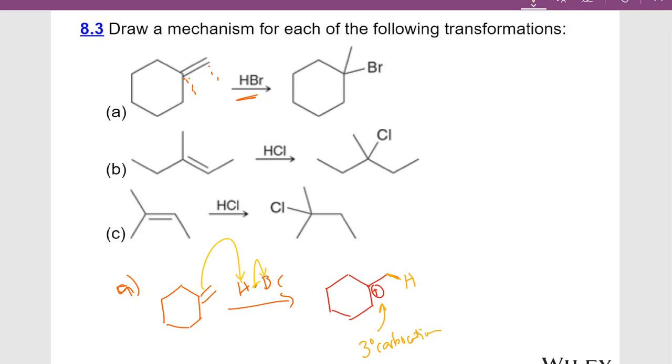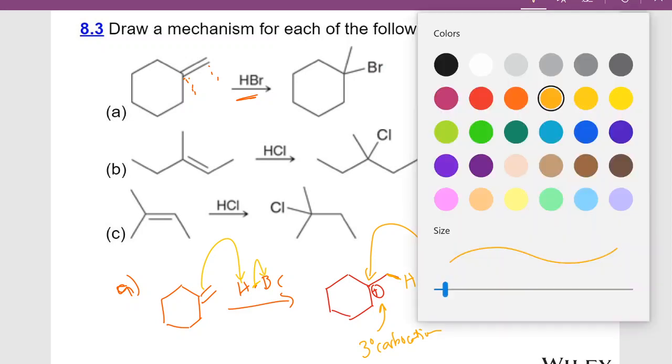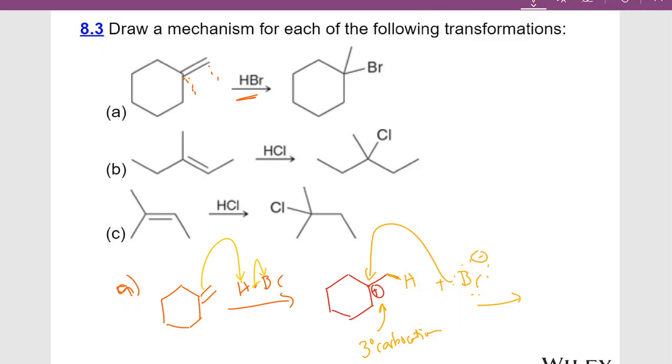Now in this next step, we've got the bromine hanging around, okay, with its lone pairs. And so one of those lone pairs is going to attack the carbocation. So that species is acting as a nucleophile. Okay, and that's going to give us our product, which is the Markovnikov product, where the bromine is at the more substituted position and the hydrogen is at the less substituted position.